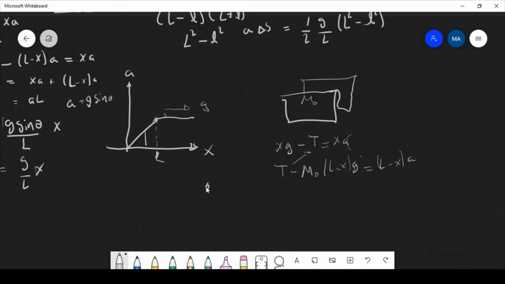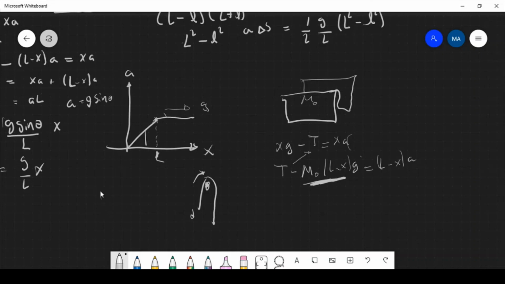If the rope was like this, with just part of it hanging over here, you will have weight over here and then tension over here, and so it will be the weight instead of the friction. But the idea is, you put the equations, you eliminate the tension, and then you isolate a.